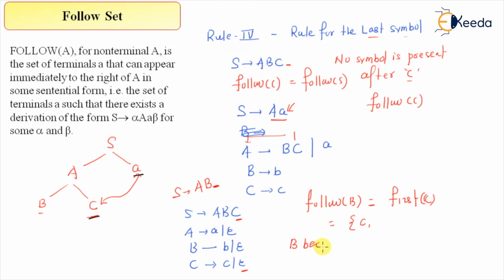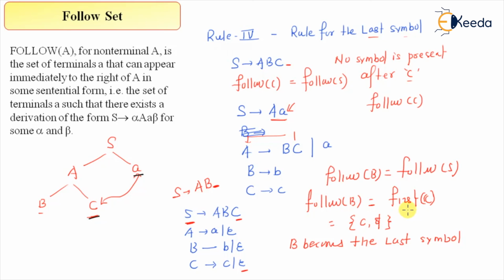B becomes the last symbol, not directly, but because of derivation. And if B becomes the last symbol, then Follow of B includes Follow of S. We don't include epsilon, but we also write that Follow of B will also be equal to Follow of S, and S is the start symbol, so I will also write dollar.